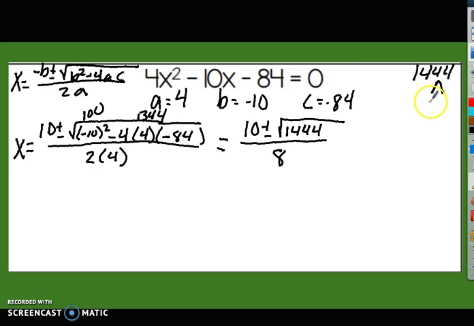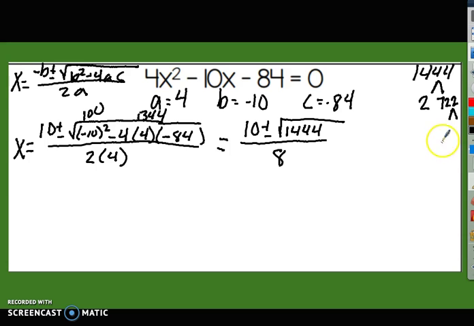Not 3? 2? 2 and what? 722. Can 2 break down anymore? No. So let's break down 722. What does 722 break down into? 12? No, not evenly.